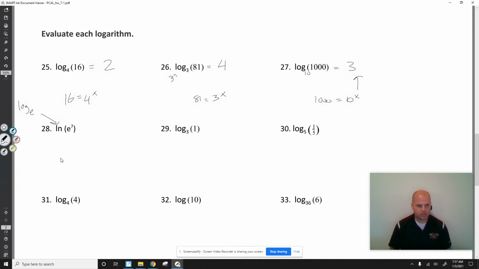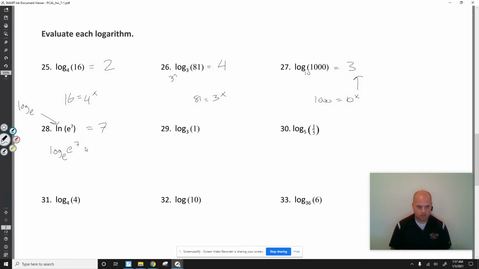So if this is log base e of e to the 7th, well, immediately you can see this is the same base here and here. These undo each other. This just gives you 7.